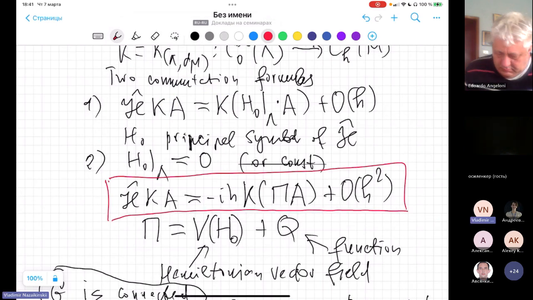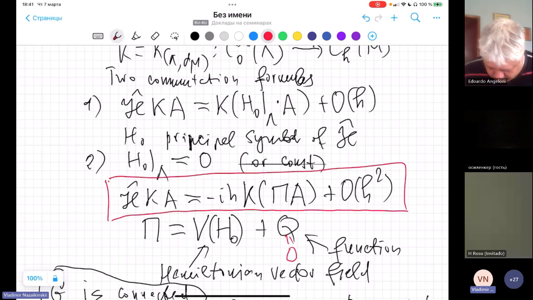Here we have the transport operator pi, and for our first order operators, this q is actually 0. So the transport operator pi is just the differentiation along the Hamiltonian vector field.